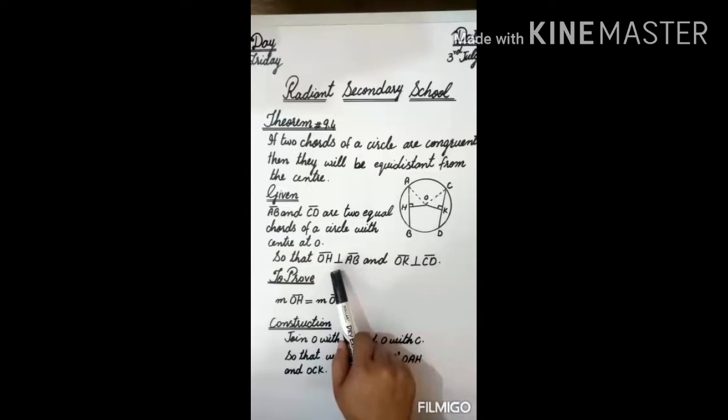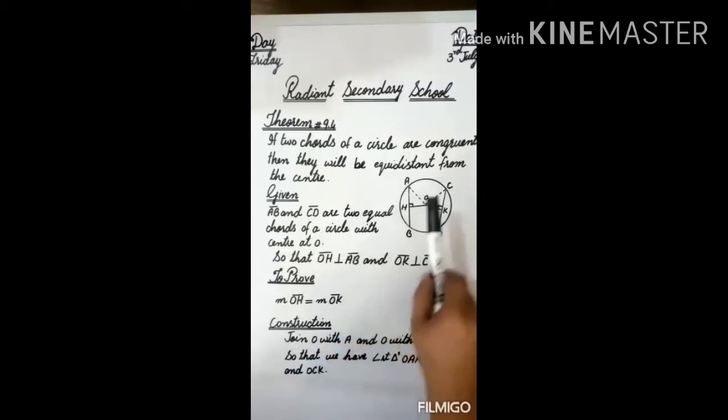Perpendicular means when a line intersects another line by making an angle of 90 degrees, it is called perpendicular. Now OH is perpendicular to AB. How? Because OH is intersecting the chord AB by making an angle of 90 degrees. That's why OH is perpendicular to AB.